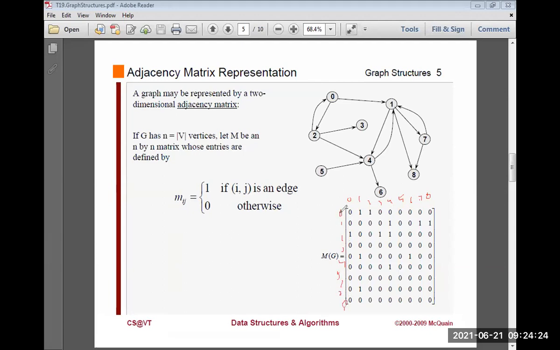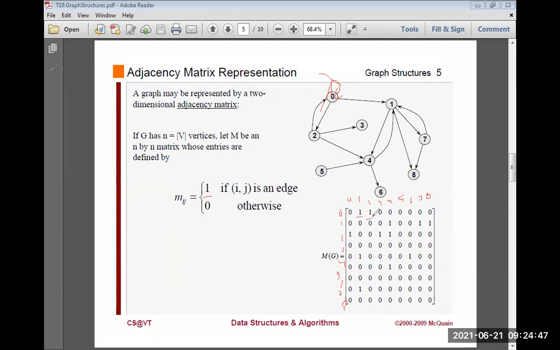When you have a connection from 0 to 0, there is no path from 0 to 0. If there is a path, there is an edge, you represent it with 1; if there is no edge, you represent it with 0. From 0 to 0 in this direction there is no path, so you represent it with 0. And 0 to 1 there is a path, represented with 1. And 0 to 2 also a path is there, represent 1.